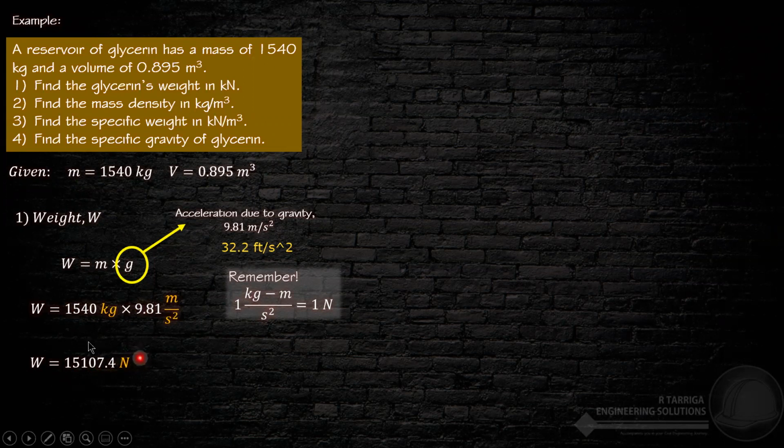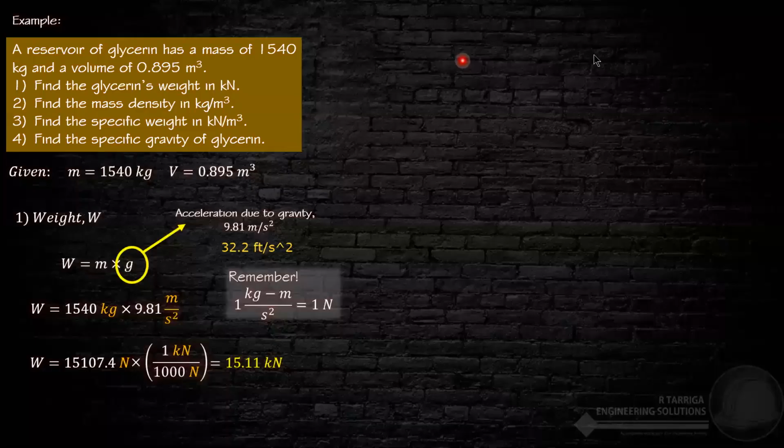But this is not yet the final answer because the question specifies kilonewton. So multiply by the conversion factor, 1 kilonewton over 1,000 Newton. By simplifying, the weight is equal to 15.11 kilonewton.